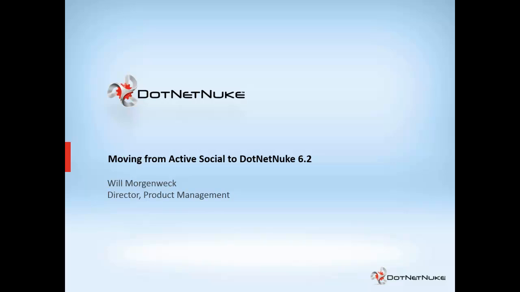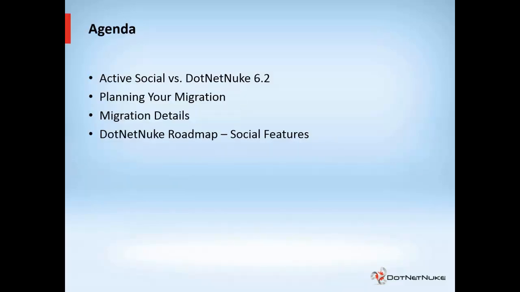The purpose of this webinar today is to give everybody a good overview and answer some questions about where things stand with Active Social and migrating to 6.2. The first thing I'll do is show a comparison of some of the features between Active Social and DotNetNuke 6.2 so that you can have a good understanding of what to expect.